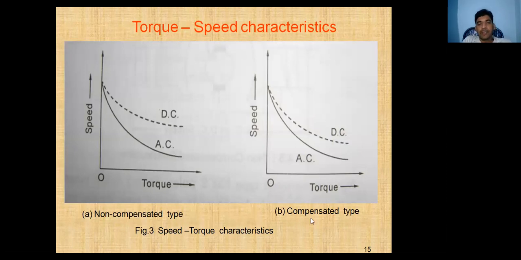This is the compensated type. So the compensated type has good speed torque characteristics.